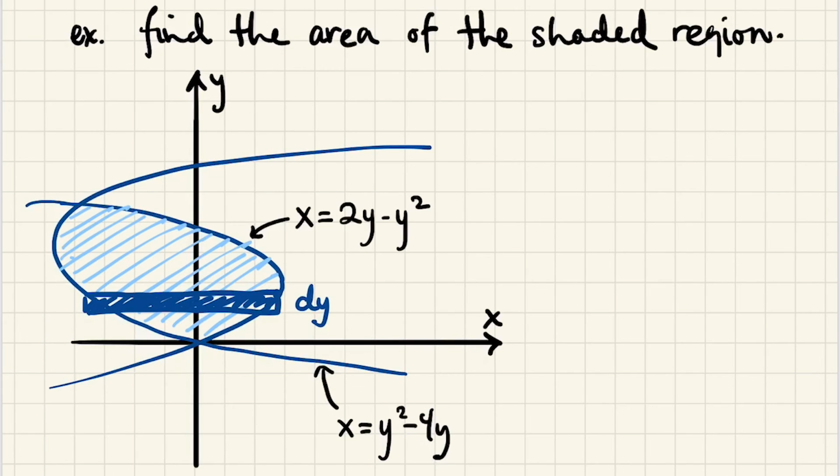And for the entire region here, we have the same right curve and the same left curve the whole time. In fact, all we have to do is figure out what these two y values are. Well, the first one here at the bottom is certainly 0, so we just need to figure out what that second one is. And that's the upper bound of our integral.